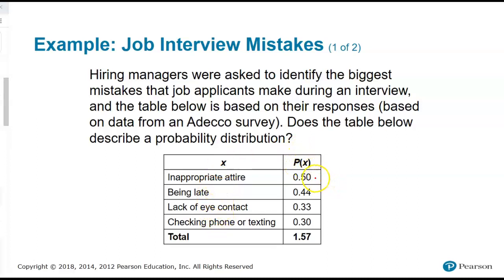The second place it's going to fail is that these add up to something besides 1. The third one actually passes, but that's not enough. It needs to be true for all 3. It does pass the third one that says they all have to be between 0 and 1, but it fails on the first characteristic and the second.